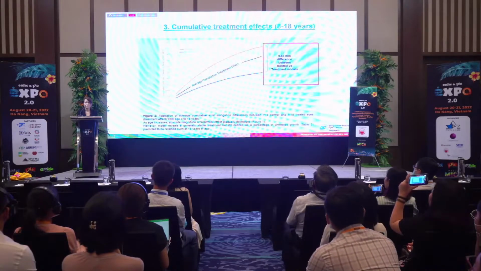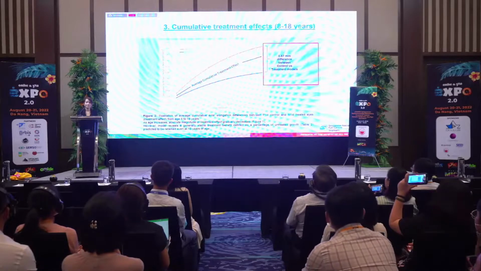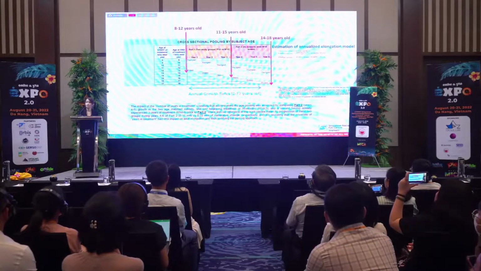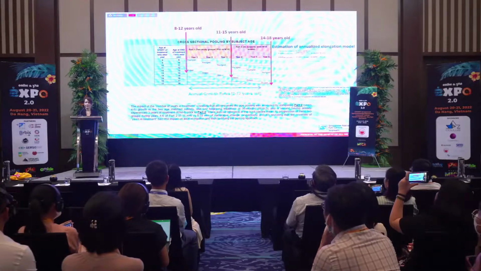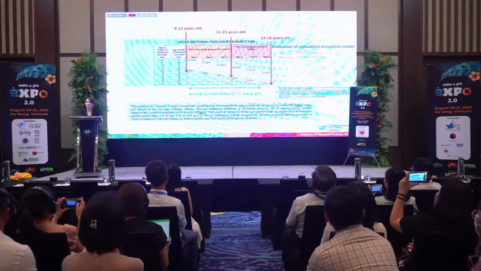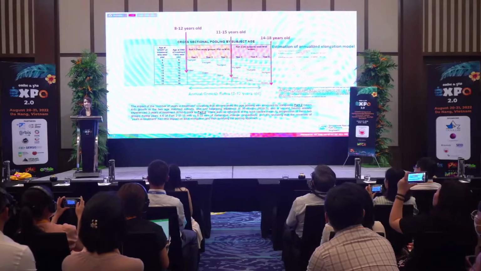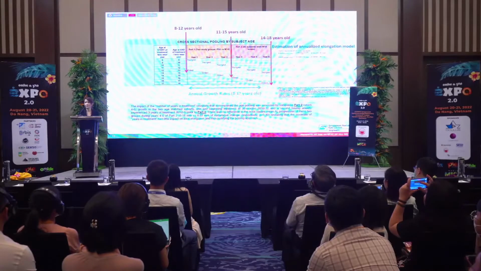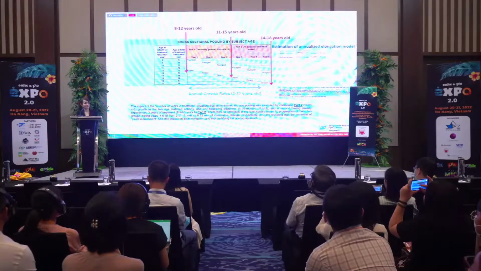In order to answer the third question, what is the cumulative effect of MiSight from 8 to 18 years old? As recalled earlier, we have the two arms, T6 and T3 arms, and we have each analyzed axial growth rate in both the control group as well as in the treatment group. Why so?